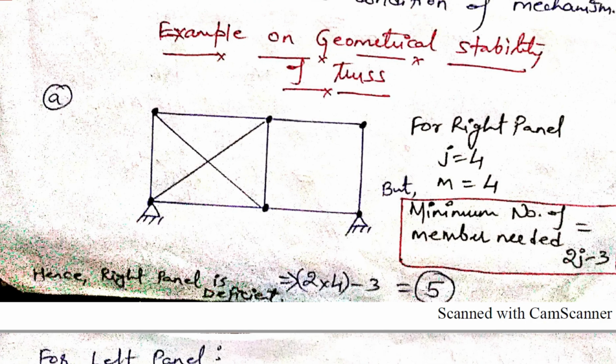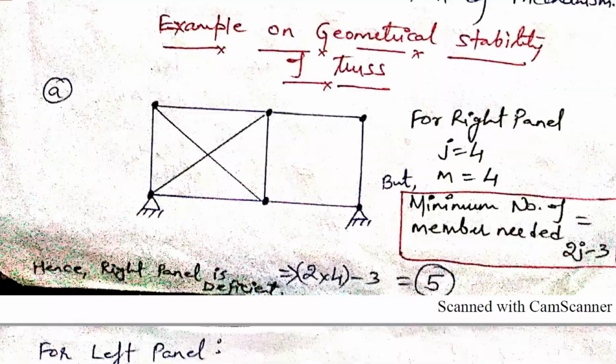We have to ensure one additional member for geometric stability. Present members are 4, that is 1, 2, 3 and 4, while the minimum members required are 5. So we are short of only one member here. Present members are 4 and members needed are 5, so this right panel is deficient by one member.